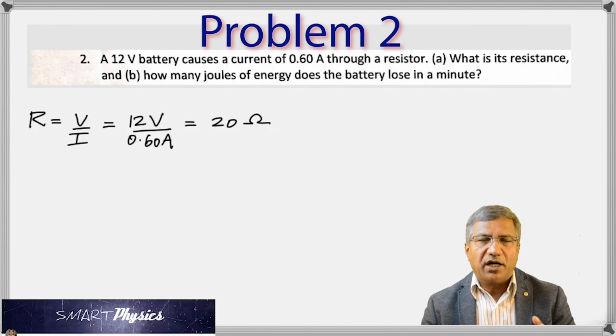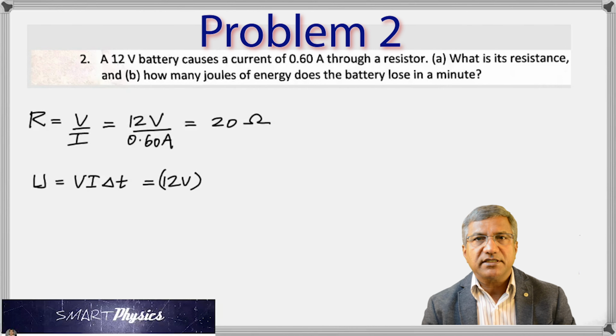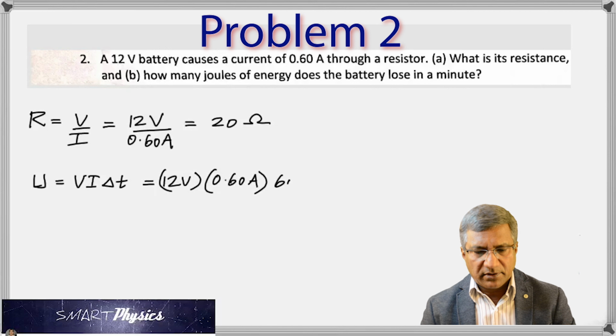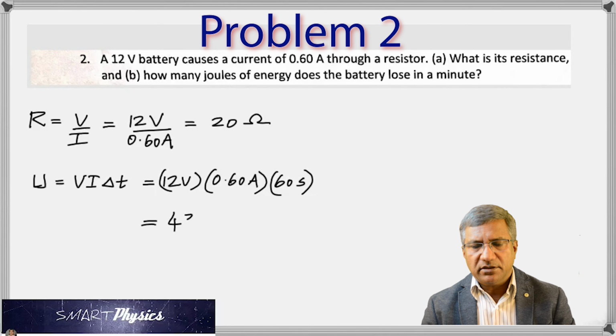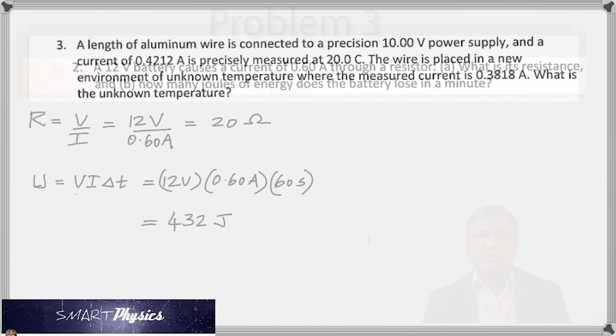So once we get the power, all we've got to do is multiply it with 60 seconds, which is 1 minute, to get the energy in 1 minute. So here it is. Energy is VI delta T. I did all of that in one step. And we would get the energy lost by the battery in a minute as 432 joules.